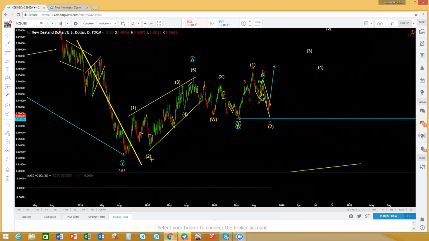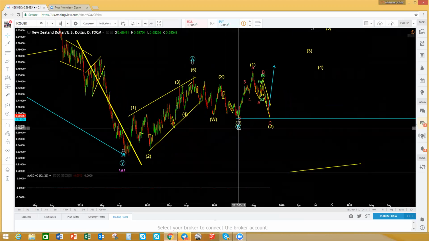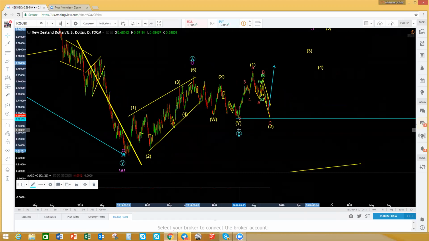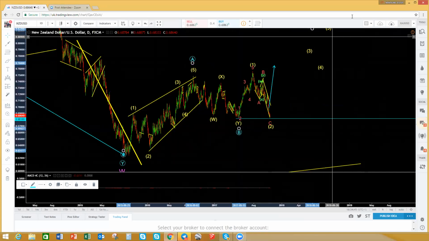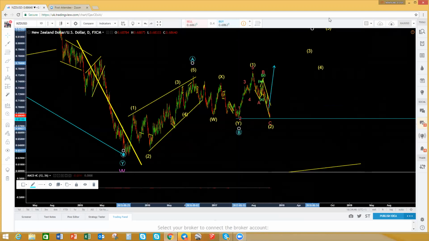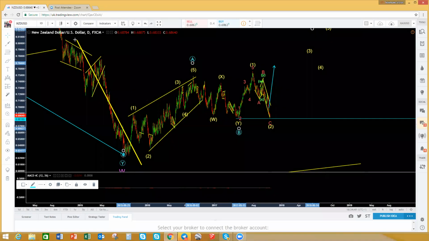So the impulse, and then we get the A, B. This is what I was anticipating: we're going to get an A, this one, and then a B, and then we were anticipating a C. The bias still hasn't changed.